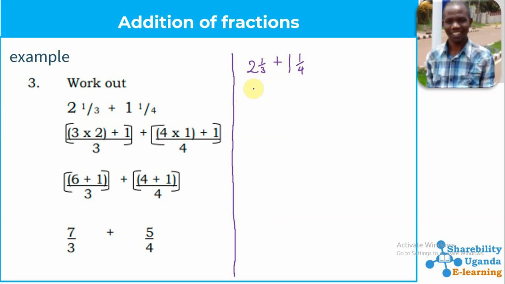How do we change it to an improper fraction? We say 3 times 2, then we add 1. You can create brackets if you feel.